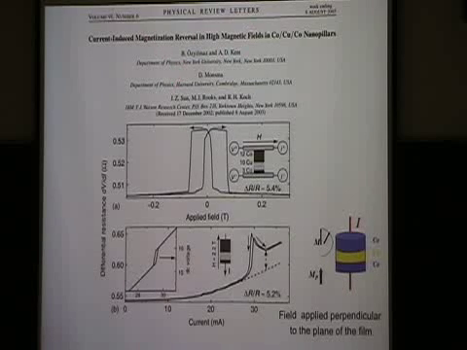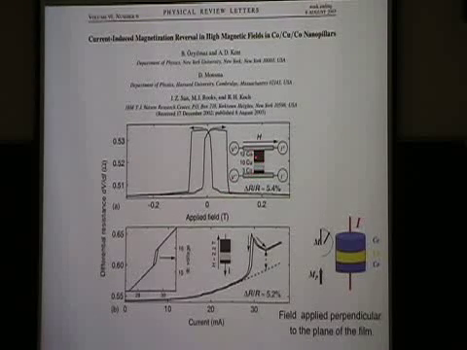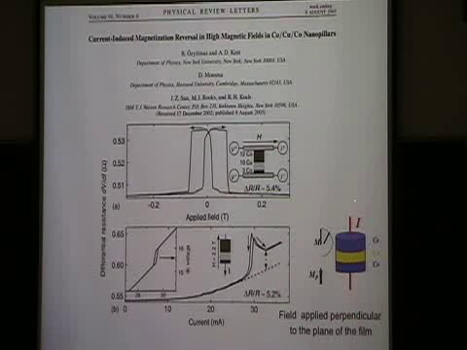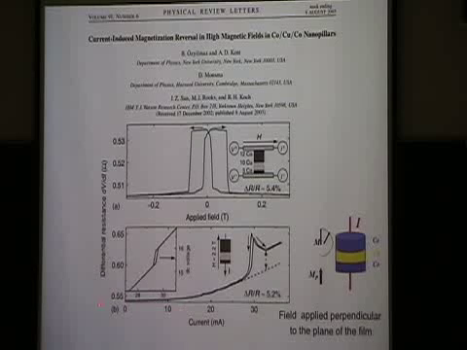About that time, we also did some experiments where we applied high magnetic fields. These are cobalt, copper, cobalt structures. This is the magnetic hysteresis, parallel and anti-parallel for in-plane fields. We applied a very, very large magnetic field perpendicular to the layers, and then applied a current to the sample.